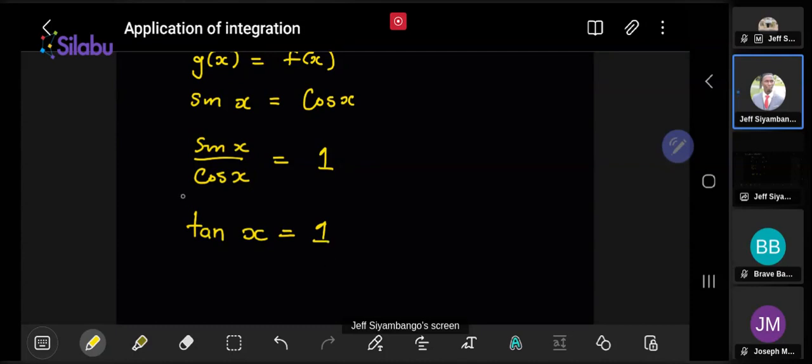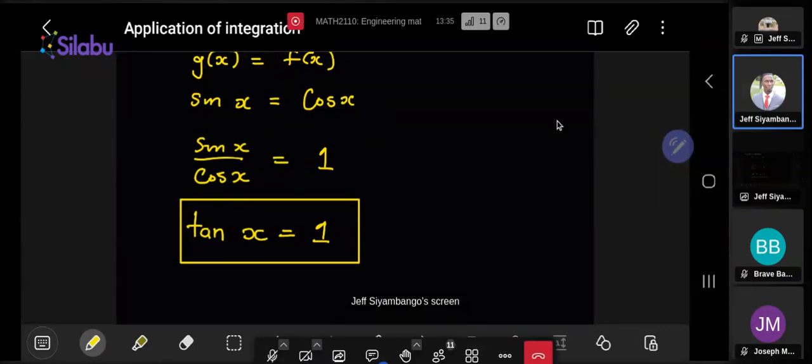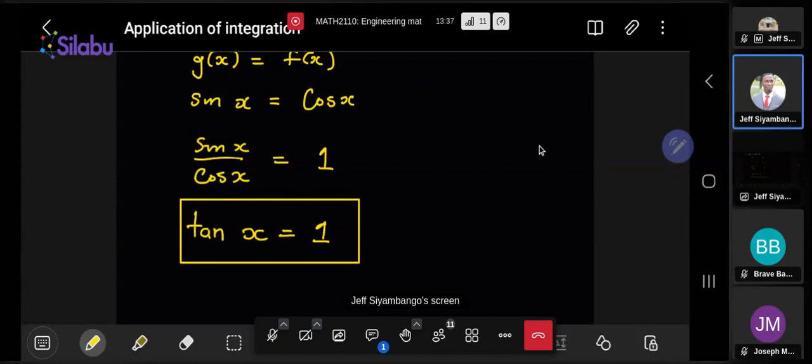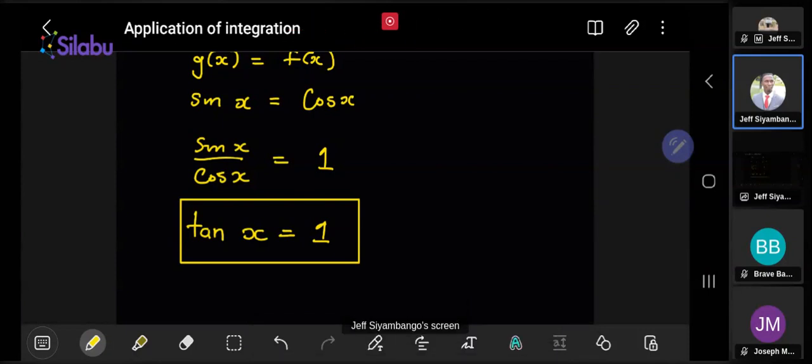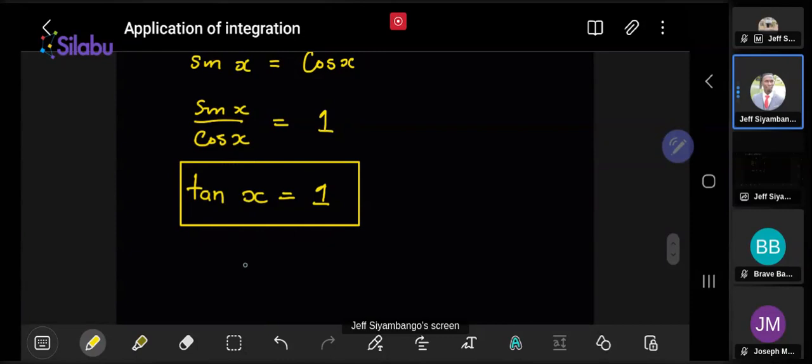Now you're asking yourself, for what value of x will tan x give you 1? What do we expect there? 45. So we expect this to occur when x equals 45 degrees.